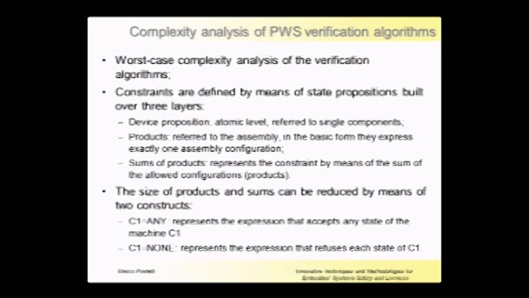Any represents the expression that accepts all the states of a state machine. For example, C1 equal to any is an atomic device state proposition that says I accept all possible configurations of C1. The opposite constant is none, that says that no configuration is accepted for C1.